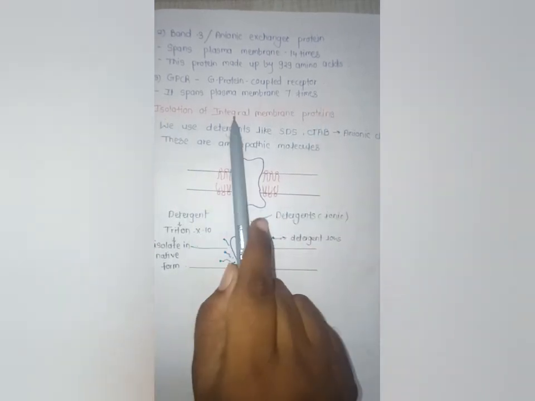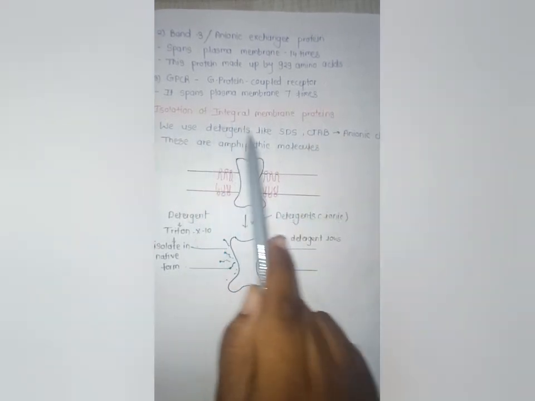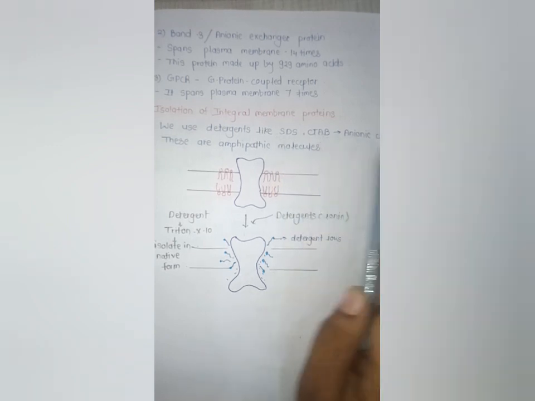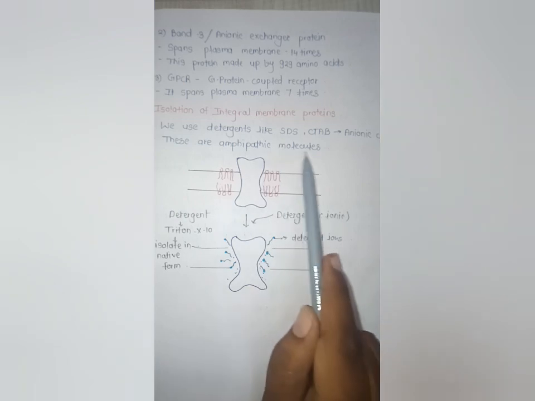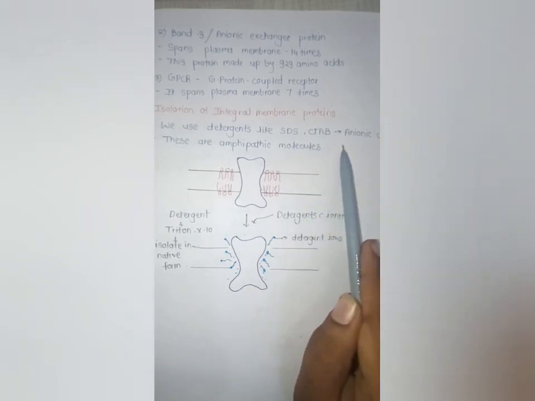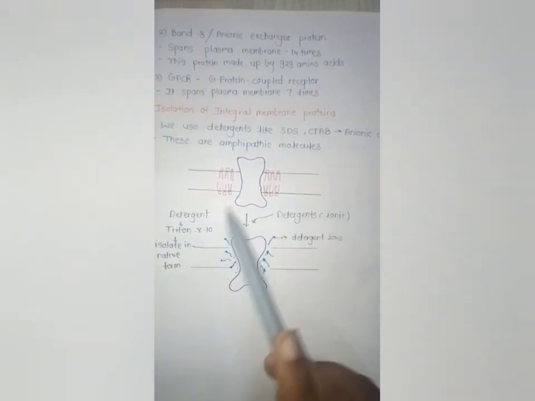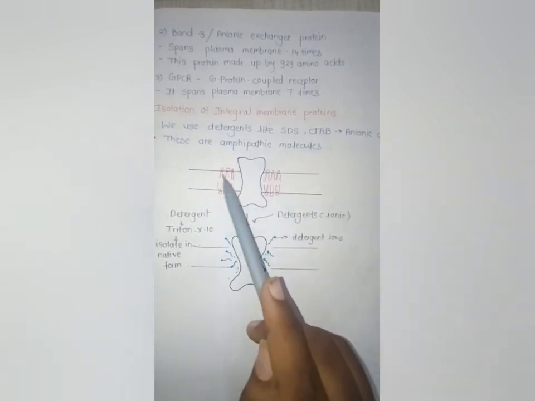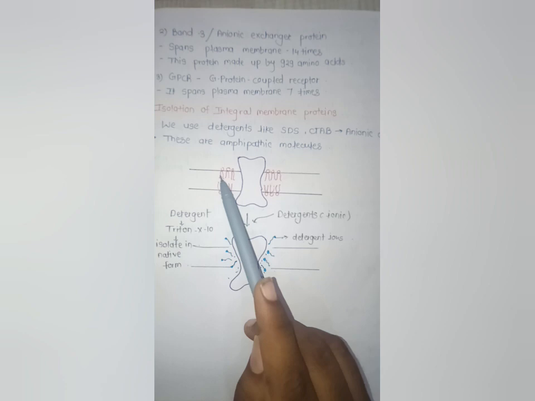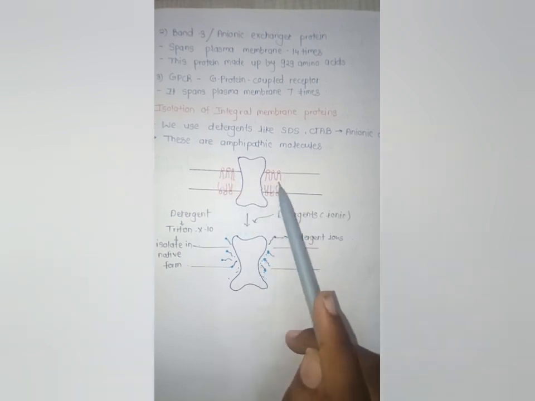Then we see the isolation of integral membrane proteins. We use detergents like SDS, CTAB. These are anionic detergents. These are amphipathic molecules, meaning they have a polar head and non-polar tail. So in this diagram you can see the integral membrane protein in association with the lipid bilayer of the plasma membrane.